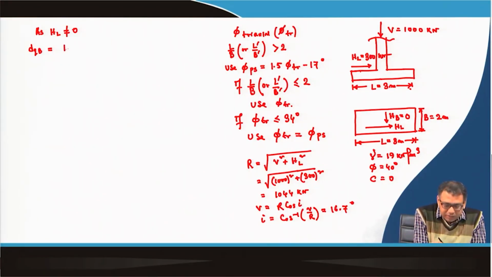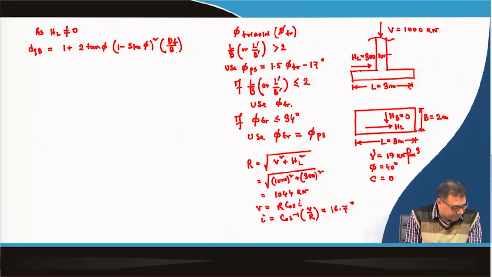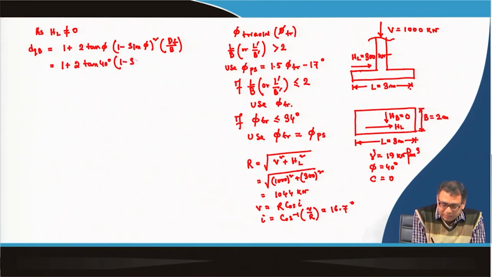That is equal to 1 plus 2 tan phi, 1 minus sin phi to the power square, Df by B. So, that is 1 plus 2 tan 40 degree, 1 minus sin 40 degree to the power square, into Df is 1 meter, B is 2 meter. So, this is 1.107.